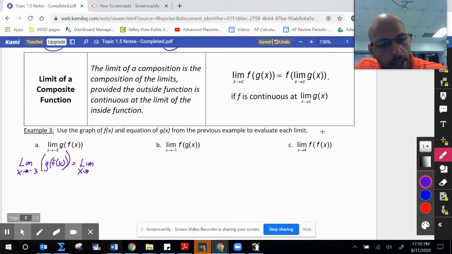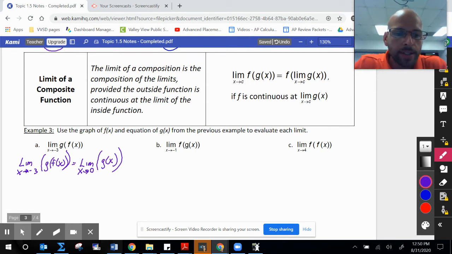So the way that I'm going to write this is now the limit as x approaches 0 of the outside function g of x. Again, the input of the original problem was f of x, and we evaluated that limit. So now the input is going to be 0 of g of x.